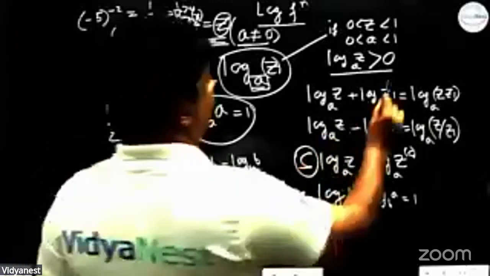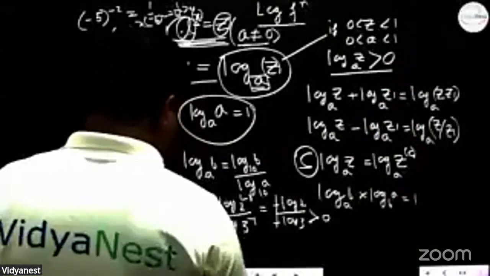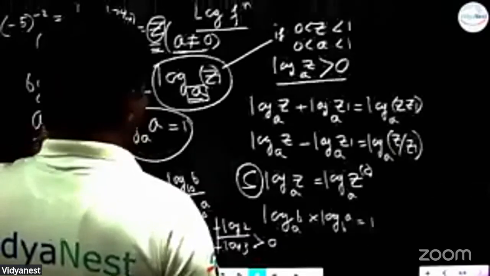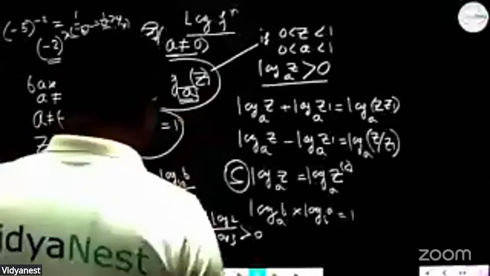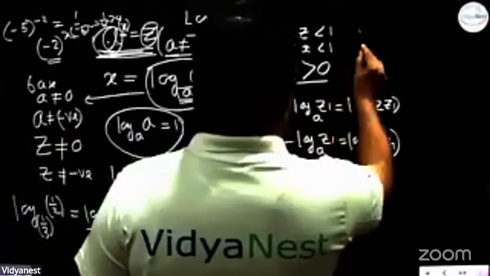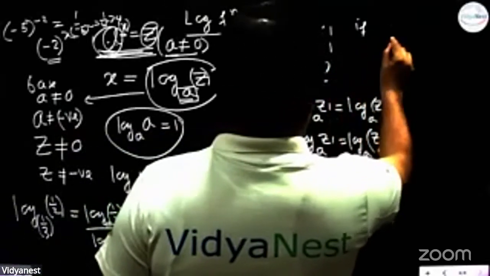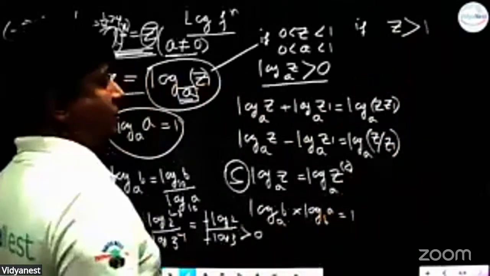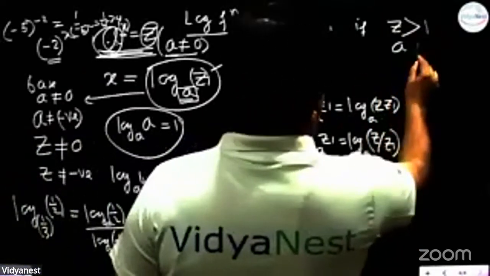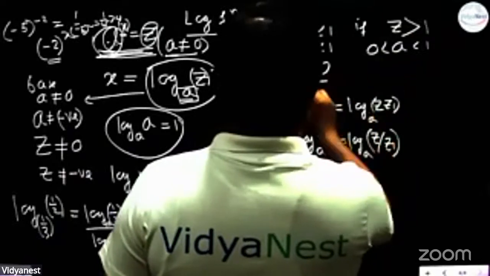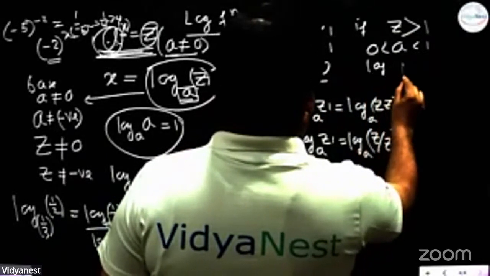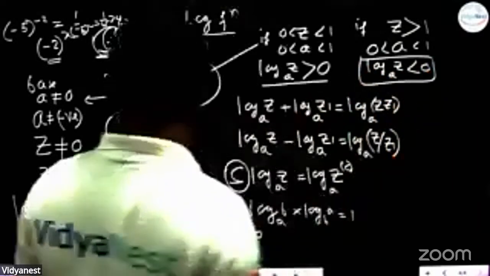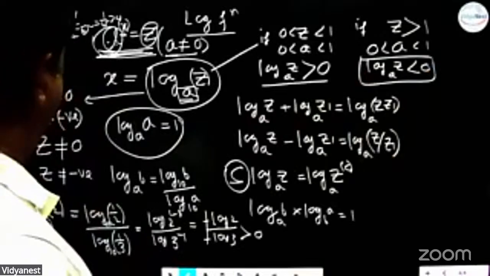But see, if z is an improper fraction, but a is a proper fraction, then log z to the base a is negative. You can judge by your own.